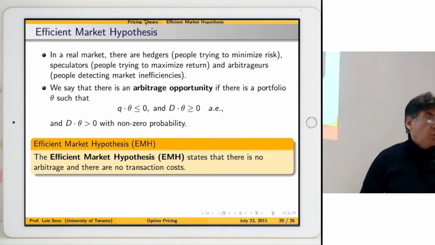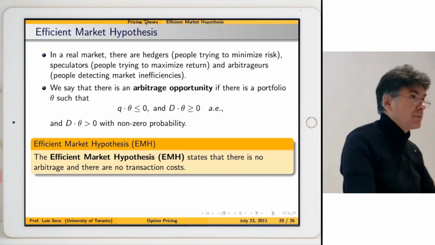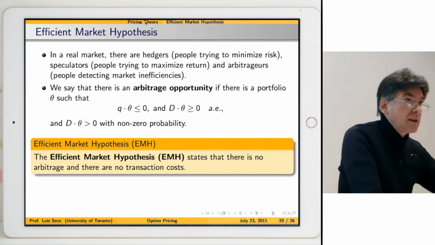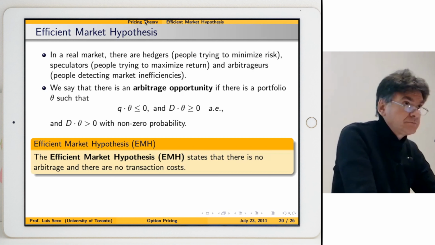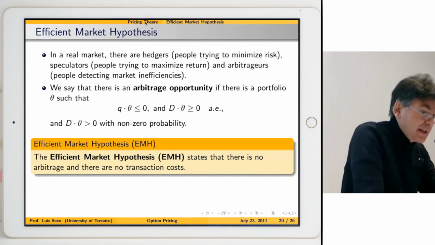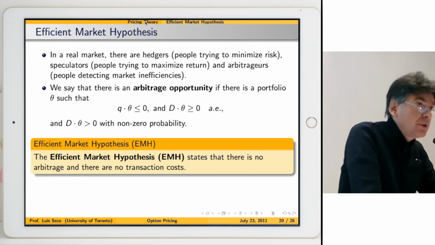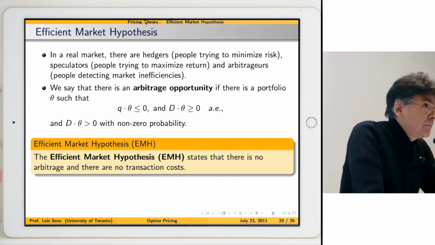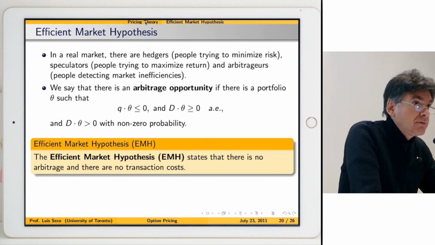Okay, so what is an arbitrage opportunity? As I mentioned, an arbitrage opportunity is making money with nothing. Mathematically, that's expressed like that: an arbitrage opportunity is a portfolio that has a non-positive cost and a non-negative payoff.